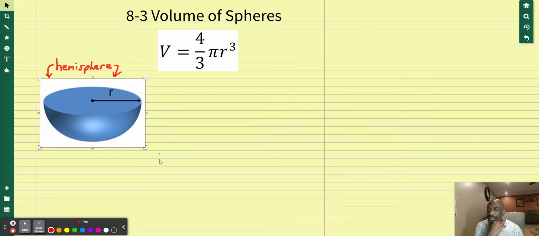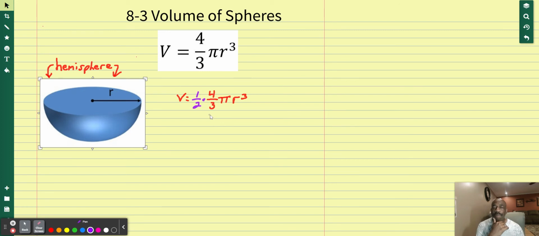This is what we need to understand. The volume of a sphere is 4/3 pi r cubed. But since this hemisphere is half of a sphere, we need to put a 1/2 in front.